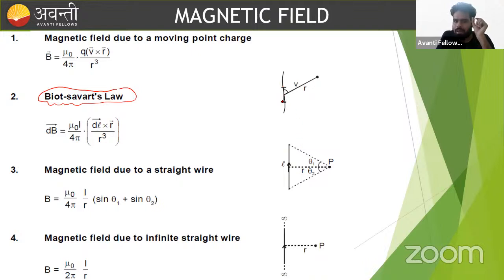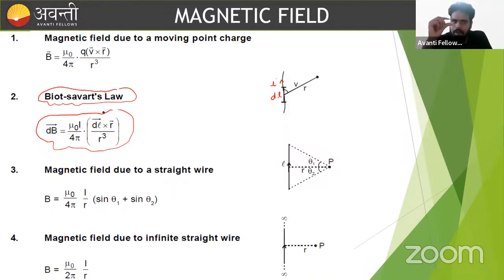If the small element, the differential element, has length dl, and the current carrying this dl element is I, then what is the magnetic field at any distance r? This is the vector form of the Biot-Savart law because of the small element.